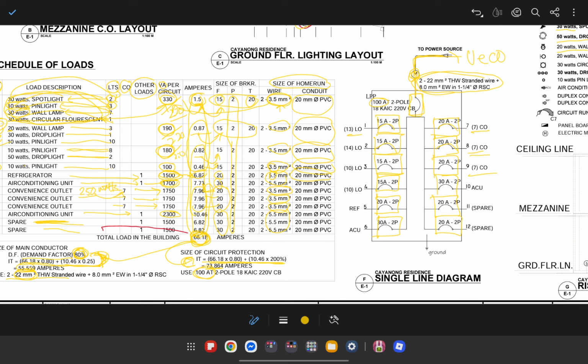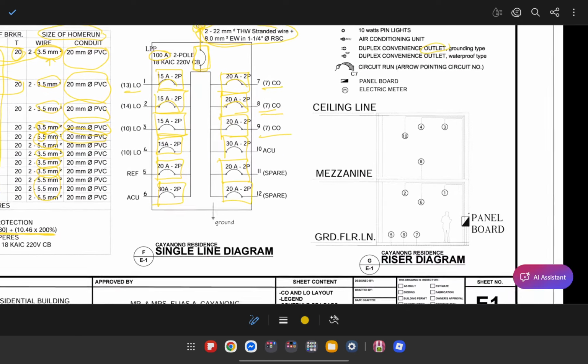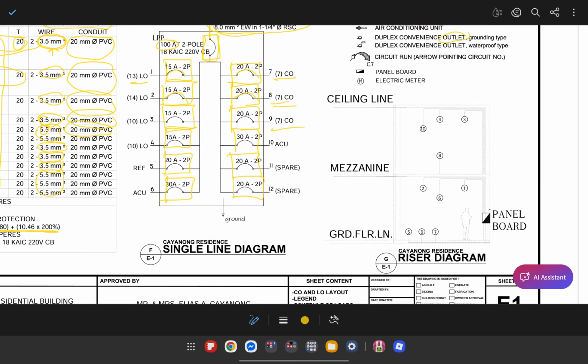Again, basically the single line diagram is just similar to drawing a panel board itself. So lastly, we do the riser diagram. With the riser diagram, you just lay out the location of all your fixtures in relation to the height of the building.